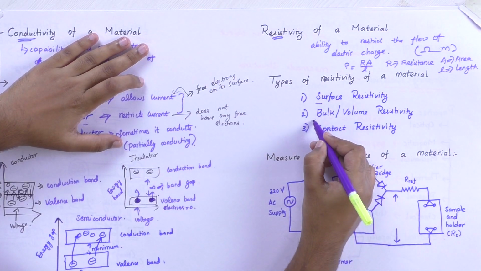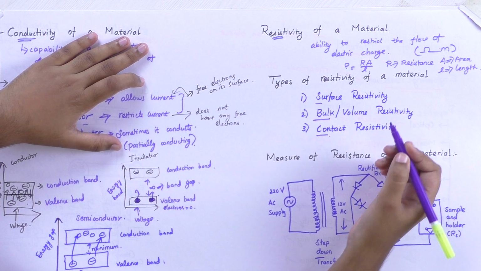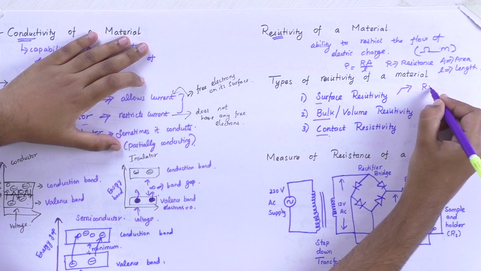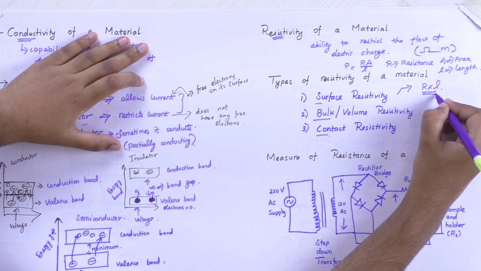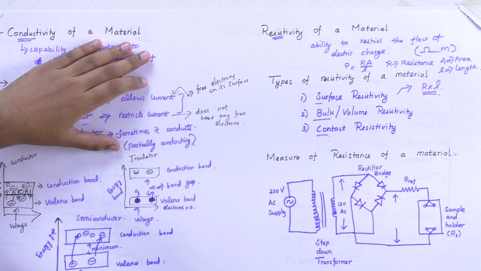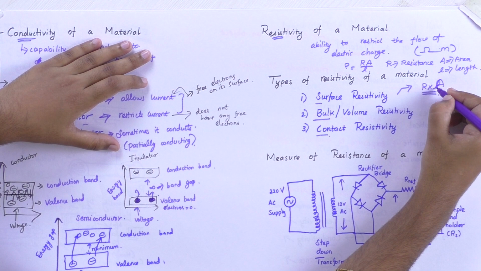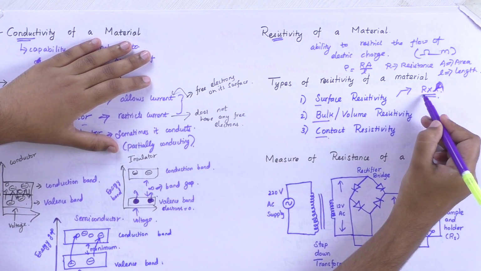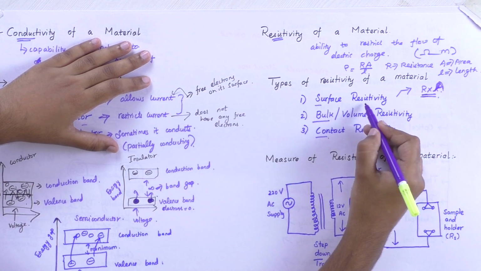If we take a material, we can measure the material's resistivity in three forms. One is surface resistivity, another one is bulk resistivity and the third is contact resistivity. Surface resistivity is calculated on the surface, how the resistance relates to the surface area around the material.